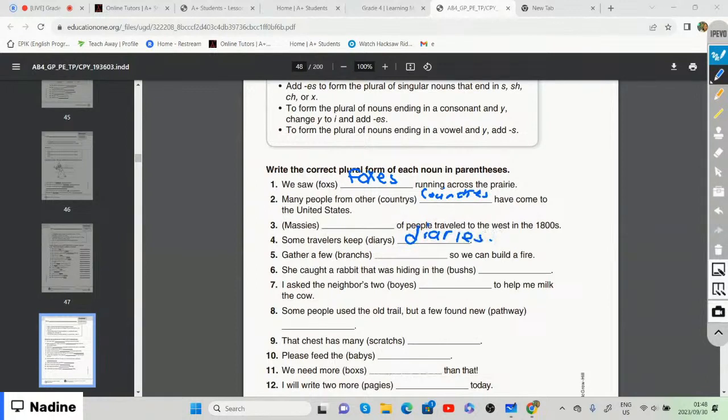So diaries. We need to gather a few branches so we can build a fire. Branches. All right, so that is but a few of our plural words or plural forms of words where we either add just an s or we add an es or we add an ies.